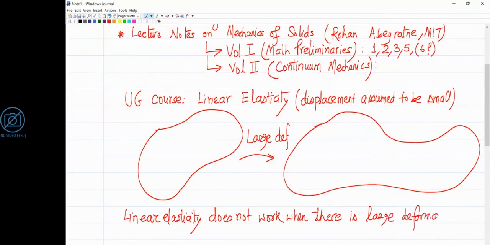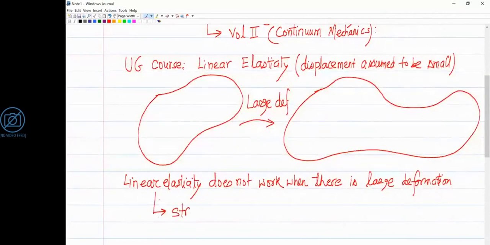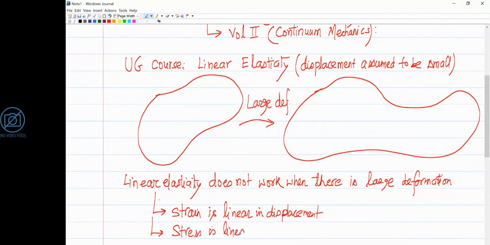And why does it fail? There are two reasons mainly. In linear elasticity, we assume that strain is linear in displacement. And the other assumption is that stress is linear in strain.